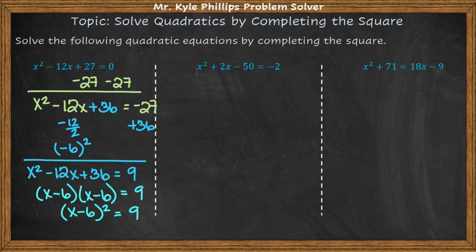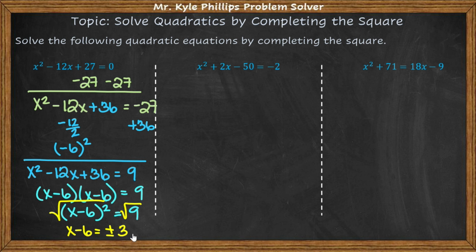So we can solve this using the square root method. We're going to take the square root here and the square root here, and we have x minus 6 equals plus or minus 3. And now we can find the value of x, because all we need to do is add 6 here.